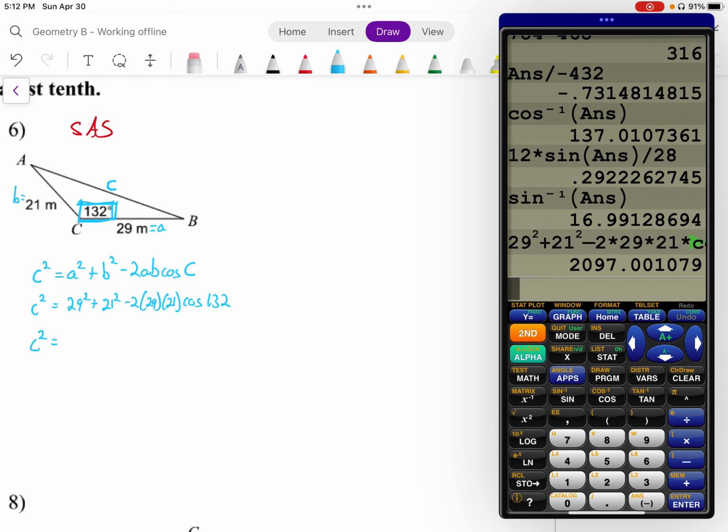Hit enter. We get 2097.0, basically. We don't have to go to 4 decimal places here. That's only when we're going to work with trig, and we already finished up working with trig.